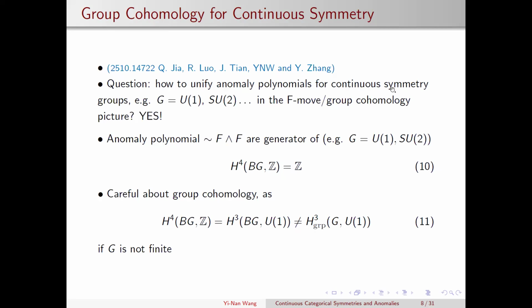I mean, sometimes you have actions that are continuous but not smooth, not differentiable.